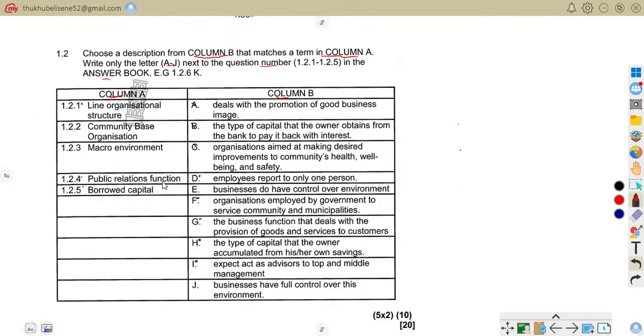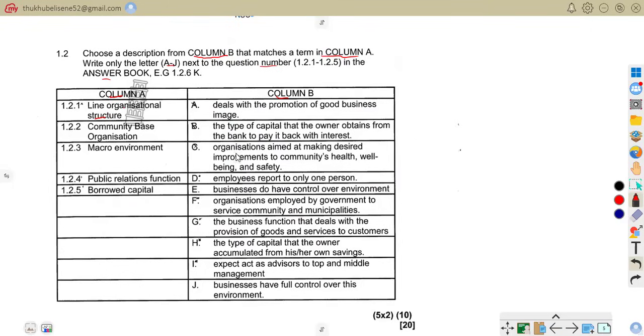Now let us move on to 1.21. 1.21 says line organizational structure. When we talk of line organizational structure, we talk of a simple hierarchy where each person reports to one manager. For example, a small business with a clear chain of command.